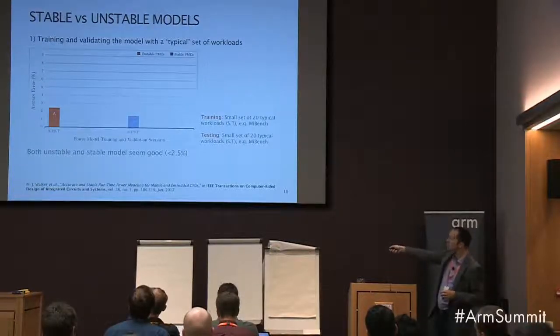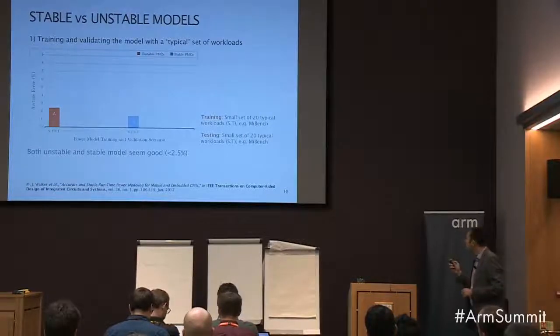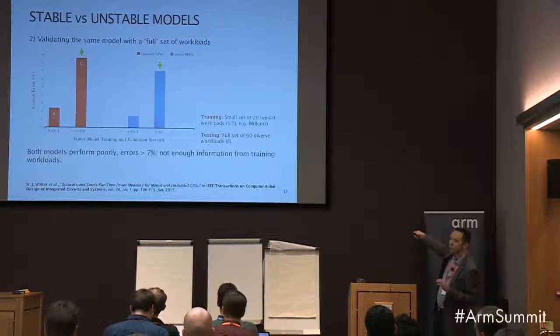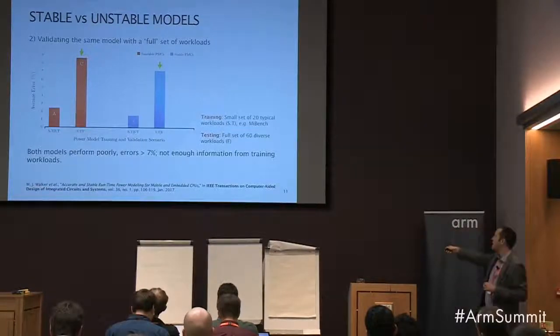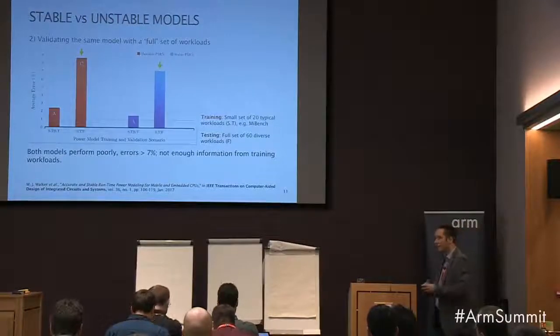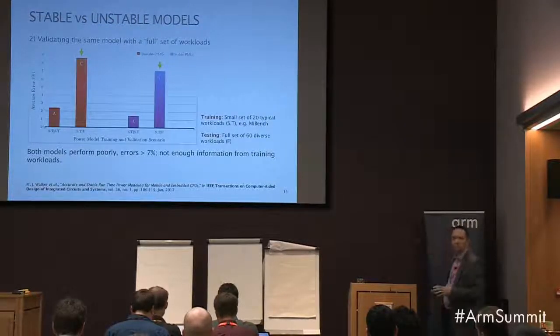And so in the literature, this is where they say this is a great model, very accurate, a few percent error. If we were then to try that same model, so training it on those same 20 workloads, but now throwing a much wider, diverse set of workloads at it to see how well it actually performs, you'll see that the error gets very considerable.